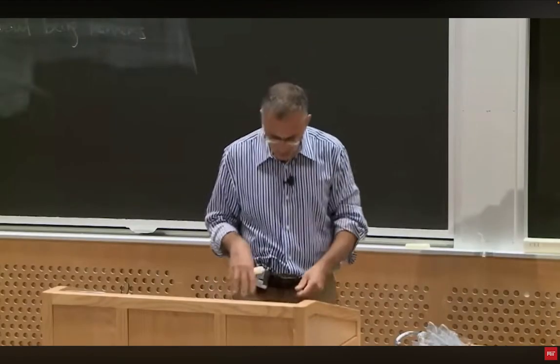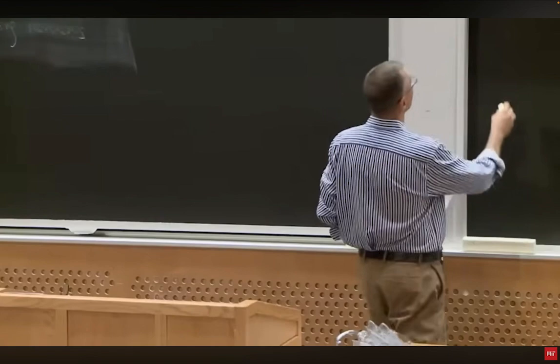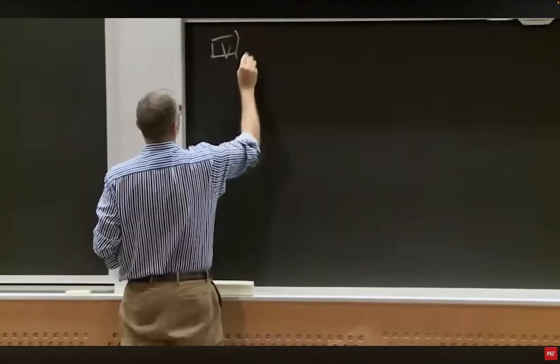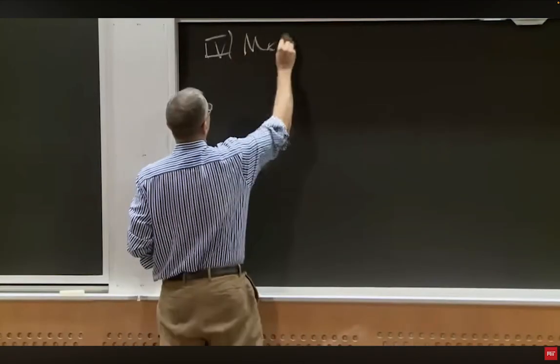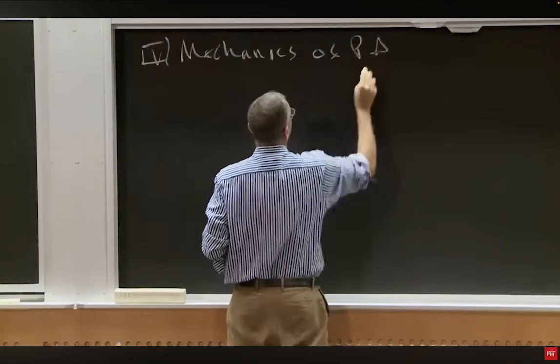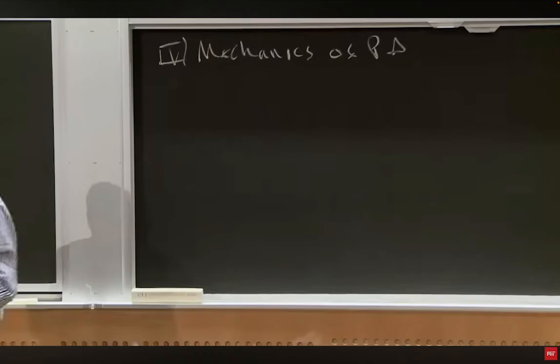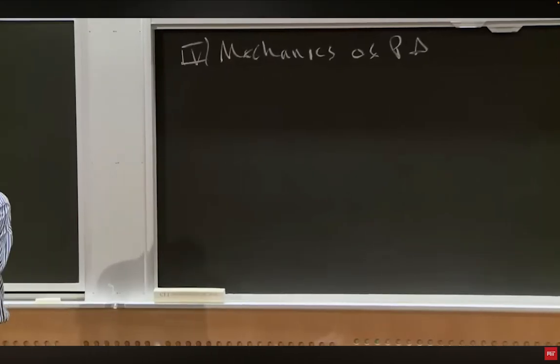And this is basically the fact that when a price changes, so this is called the mechanics of a price change. When a price changes, two things happen simultaneously. You may not realize it, but actually when a price changes, two things happen.